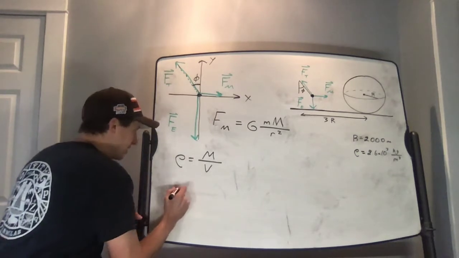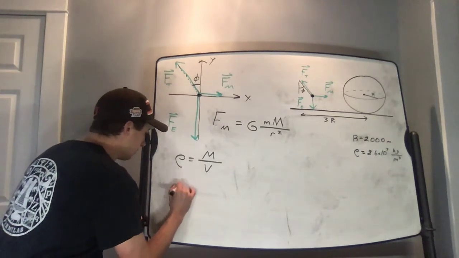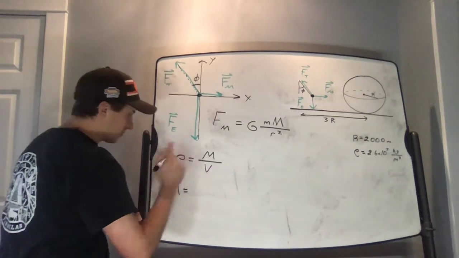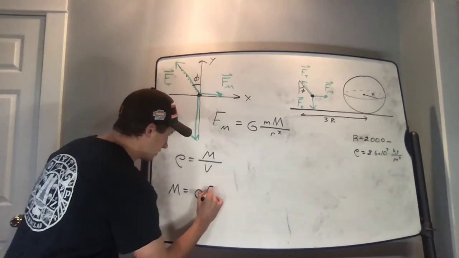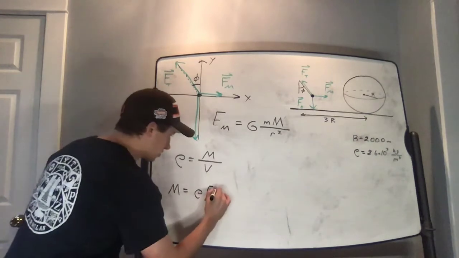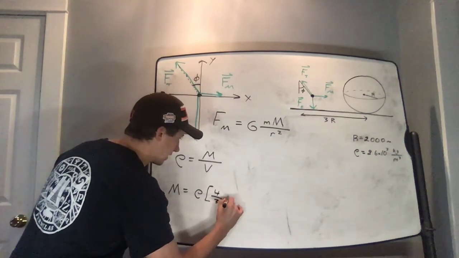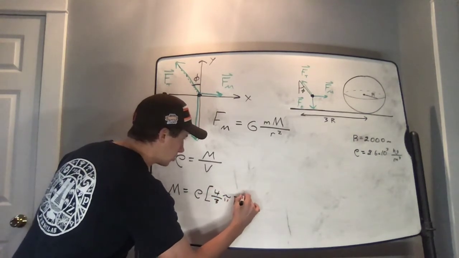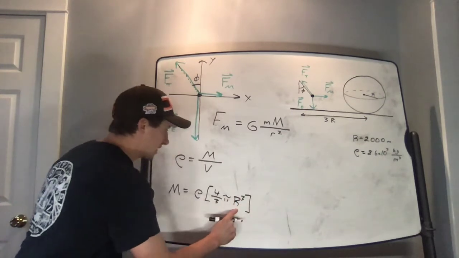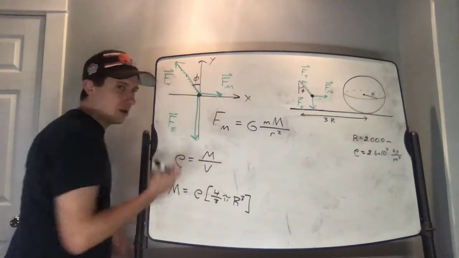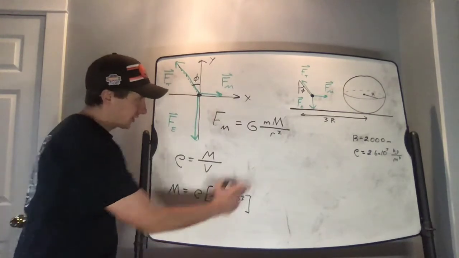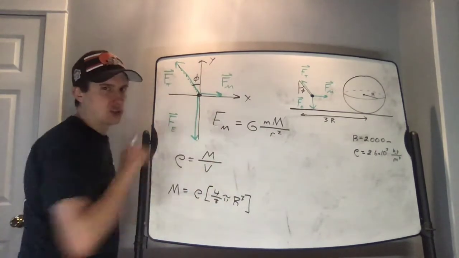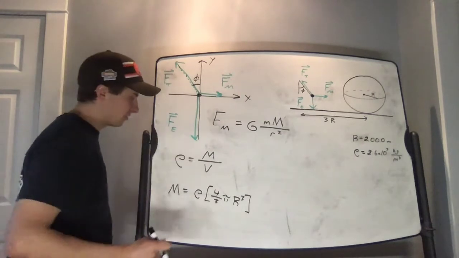So I could write the mass of the mountain itself as rho times V. So that would be the density of the rock times the volume of a sphere, 4/3 pi R cubed. And here I'm using capital R because I'm talking about the radius of the sphere rather than lowercase r, because I don't want to confuse these two terms. In this problem, they mean different things.